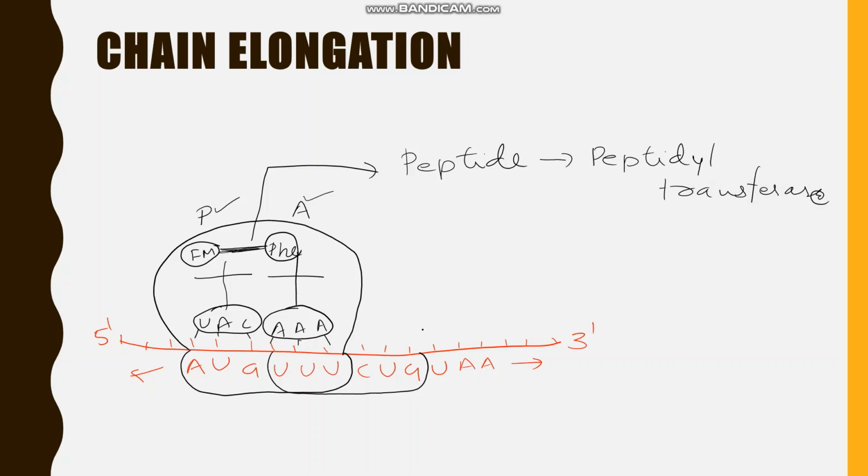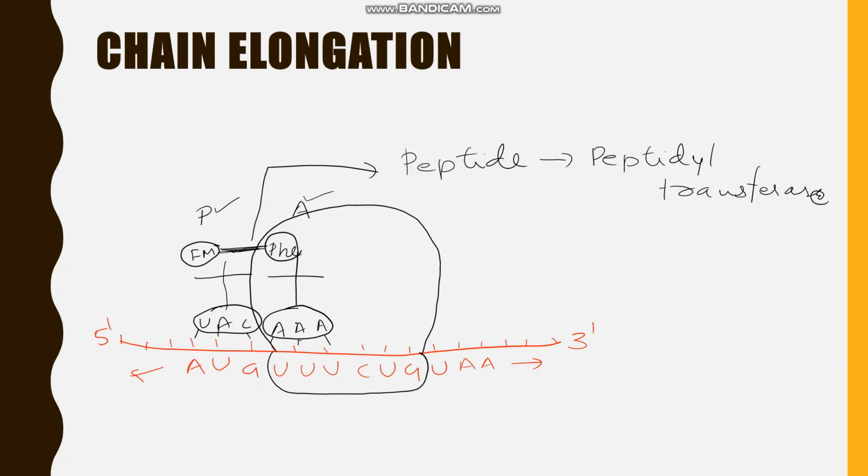So, now the smaller subunit of ribosome moves one step forward, and it is followed by the movement of larger subunit of ribosome. So, now this is the empty tRNA. This empty tRNA will be removed, and this empty tRNA will bring another amino acid if it is available.